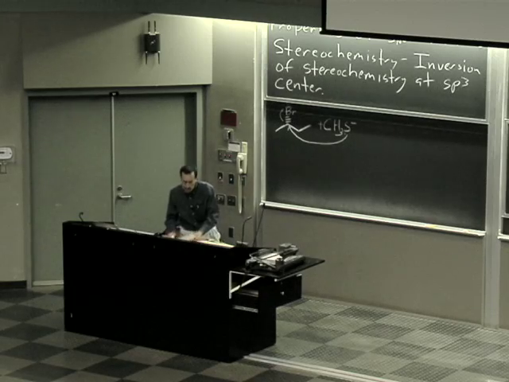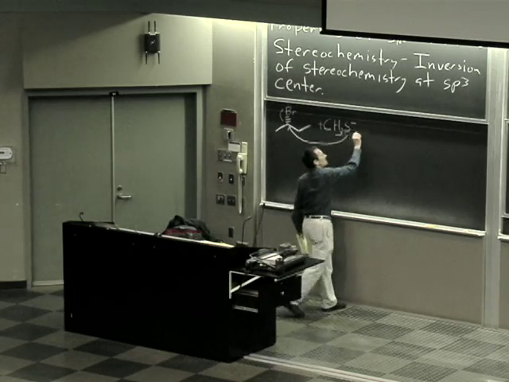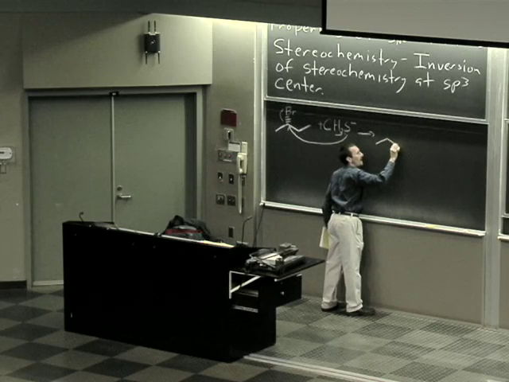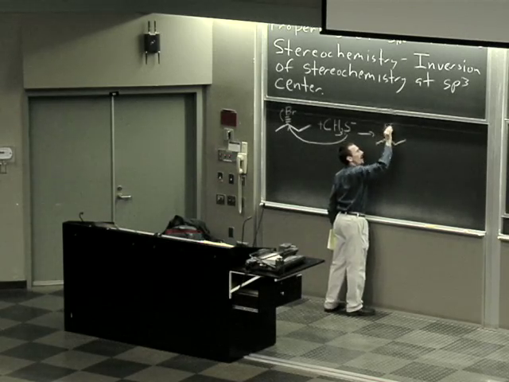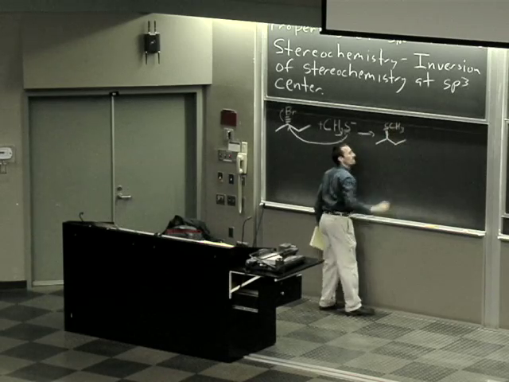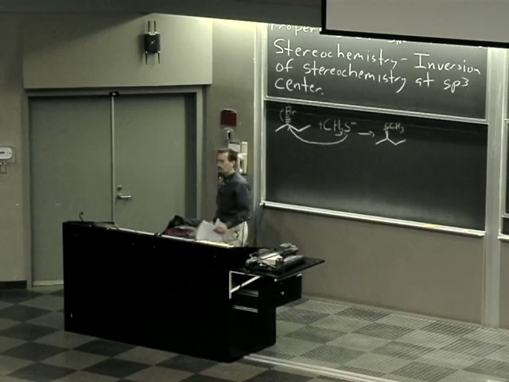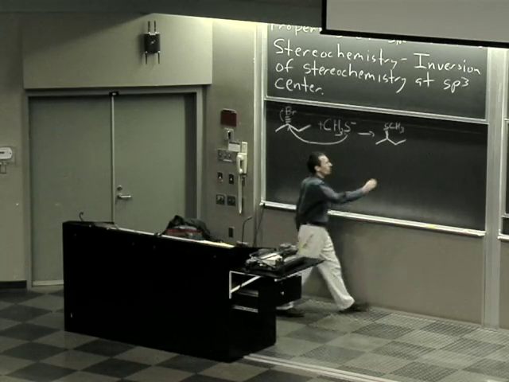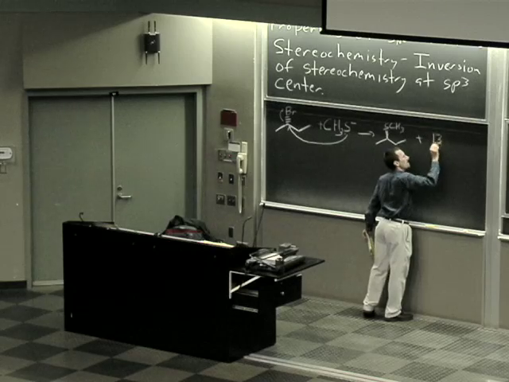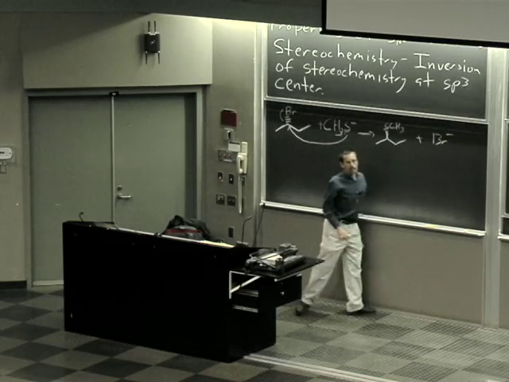And the overall result is that we invert the stereochemistry at the center. In other words, the bromine was going back into the board, but the thiomethyl group in our product is coming out of the board. And if you want to be complete, we can write Br minus as our other product.